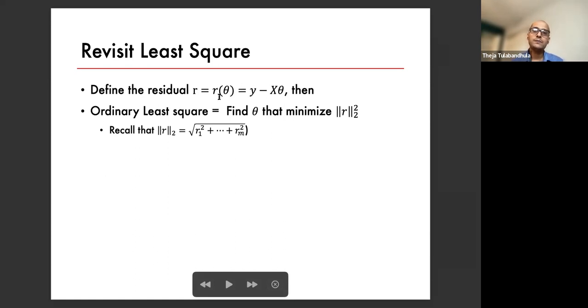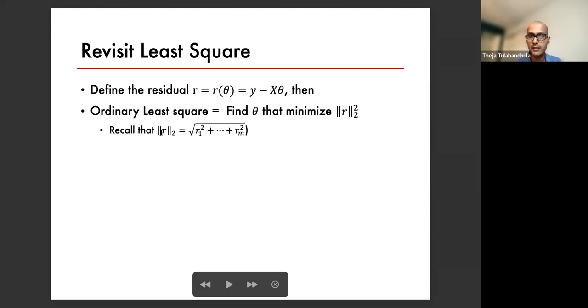Now the search problem is stated in a slightly different way: finding a theta that minimizes the 2 norm square of the residuals. Think of the R vector defined in the first bullet point. The double bars with subscript 2 and superscript 2 are defined as shown in the sub point here.